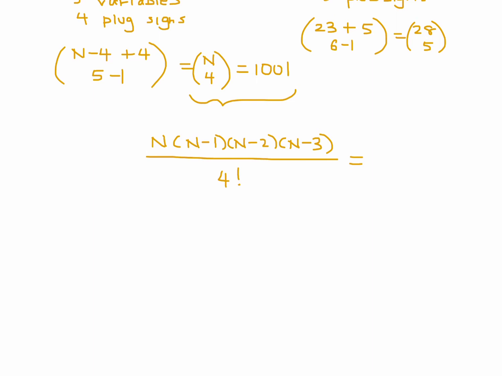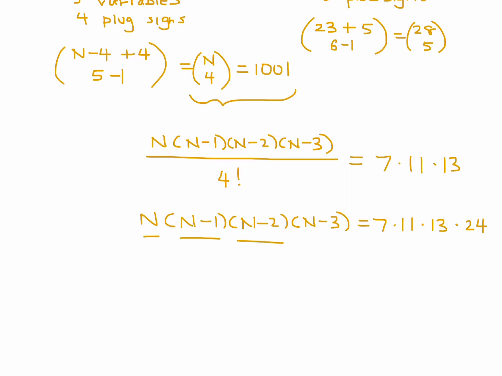So I think that's 7 times 11 times 13, this 1001. Okay, so now I've got n times n minus 1 times n minus 2 times n minus 3 is equal to 7 times 11 times 13 times, what's that, 24?